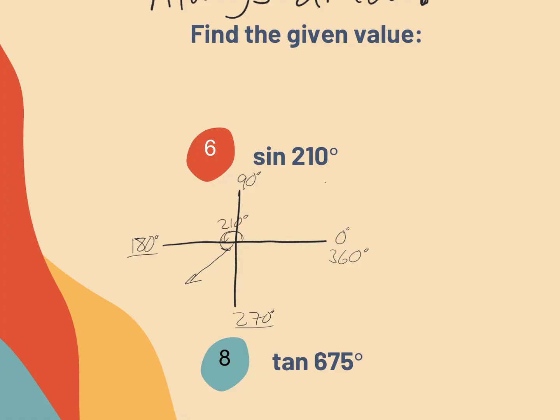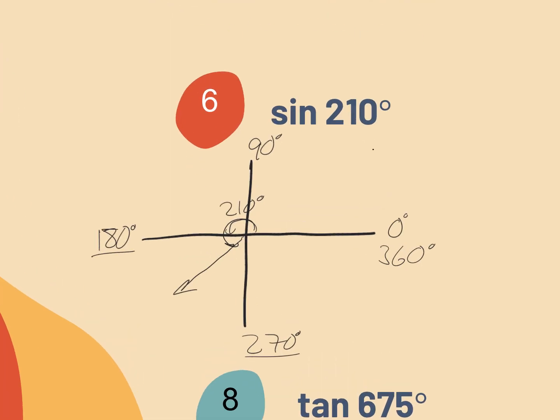But notice that if you connect this segment, which ends right there, to the x-axis, you get a right angle. That right angle forms a right triangle where this is one of our angles, and this angle right here is where our reference angle is useful.